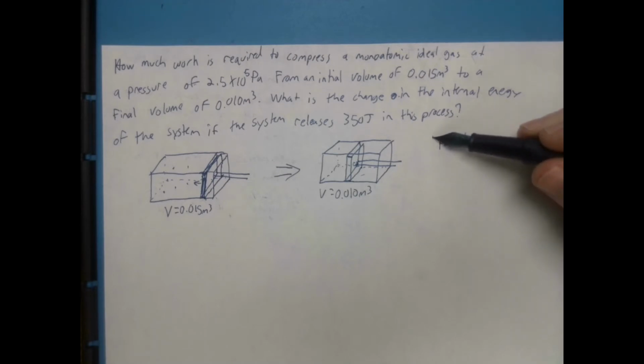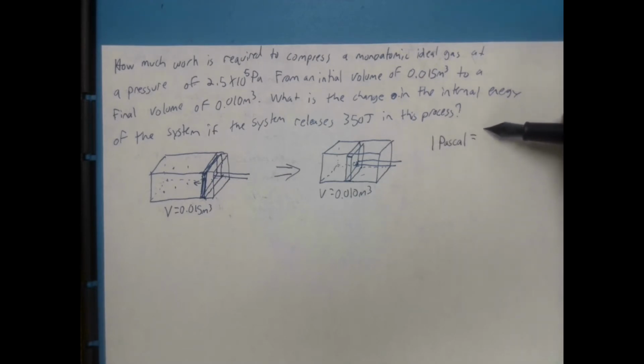So 1 Pascal is equal to 1 Newton per meter squared, or a kilogram divided by a meter second squared. Newton per meter squared is probably the best explanation.